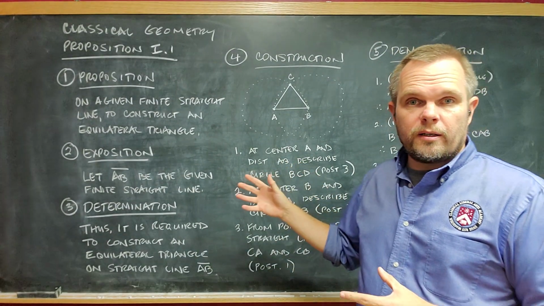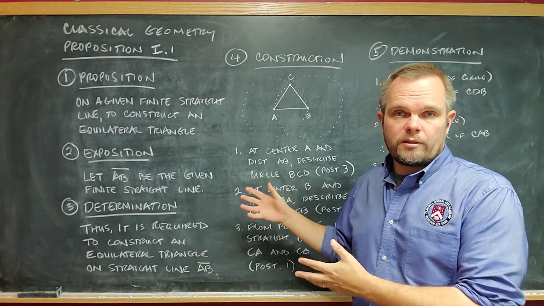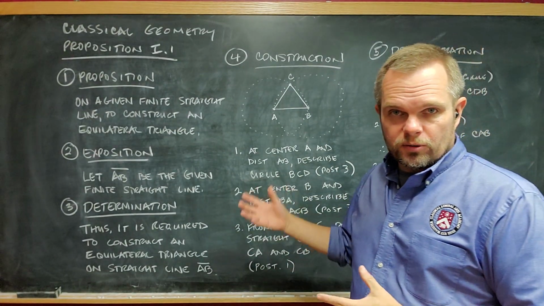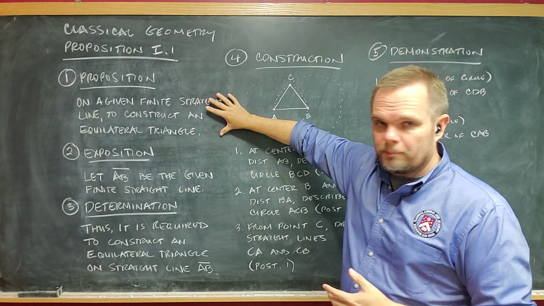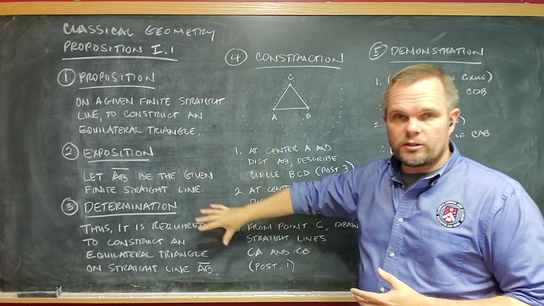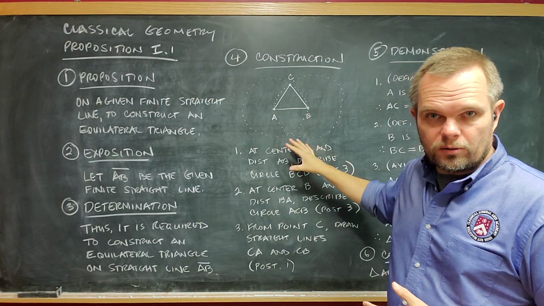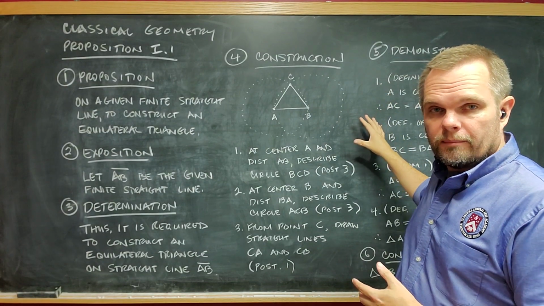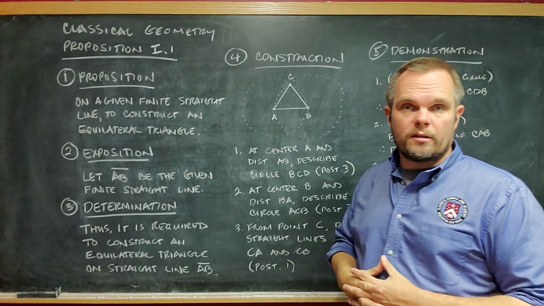We're going to learn a traditional solution for each of these propositions, and what you're going to have to learn as you study them is the proposition, and then each of the 6 parts, the construction, the demonstration, and the conclusion for each proposition.